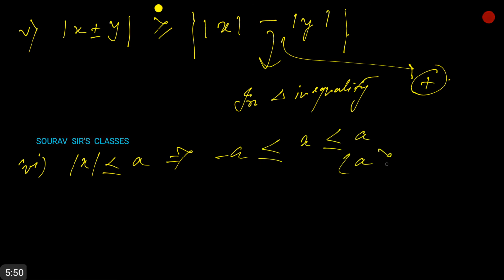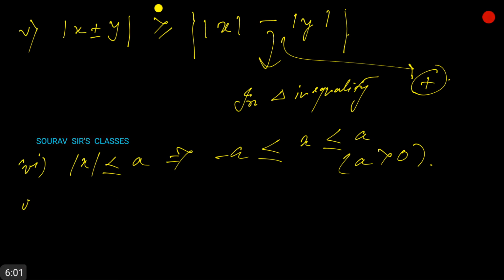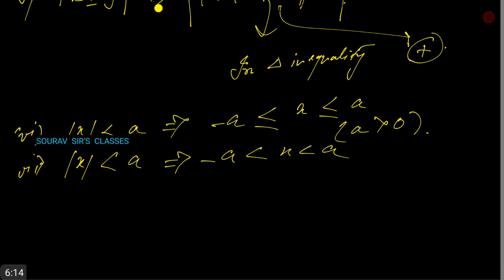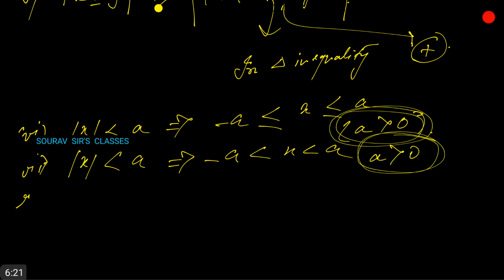This is for a greater than 0, and if there is a strict inequality, let this be property number 7: minus a less than x less than a. So strictness of the inequality will be held throughout, and note that this is also for a greater than 0. Just please don't forget about these conditions when you are applying these in your sums.